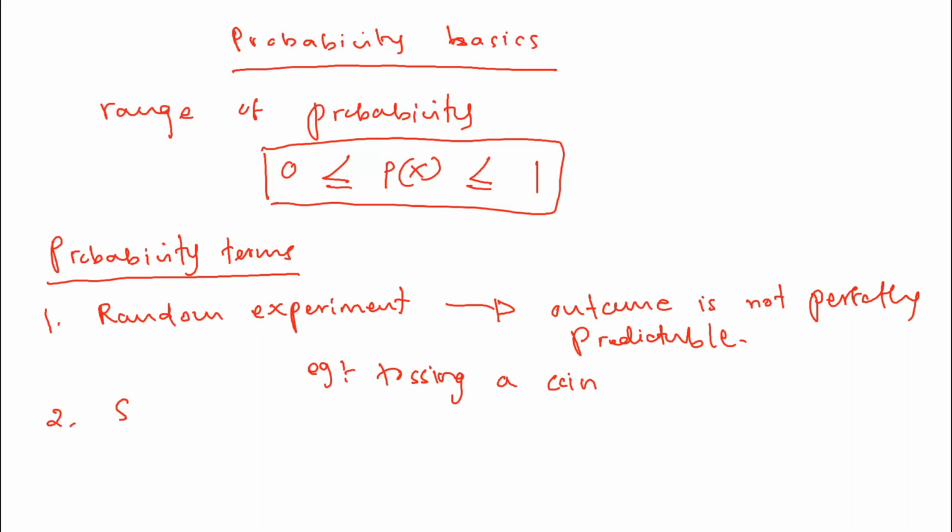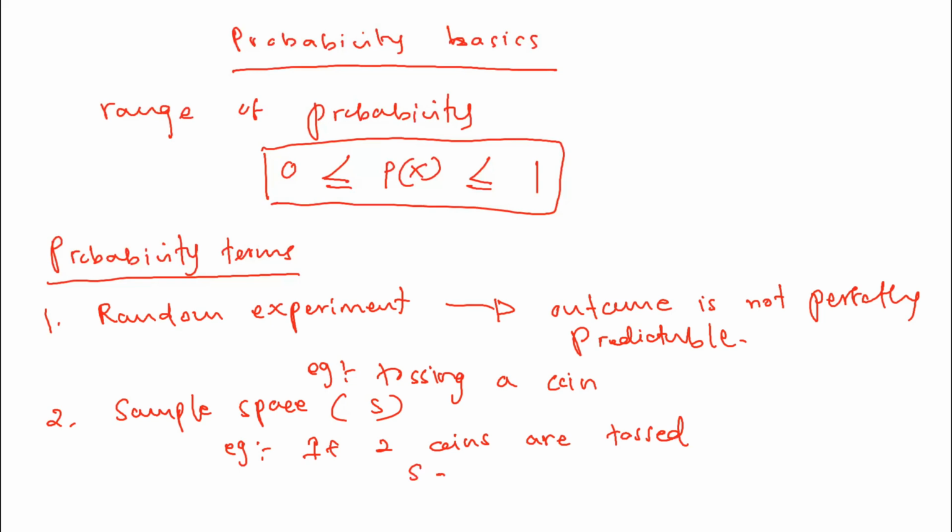Second term is sample space. This can be represented by S. This means the set of all possible outcomes of a random experiment which you can get is called sample space. So for example, if 2 coins are tossed, the sample space you can write like this.